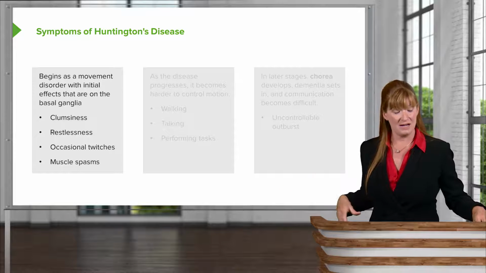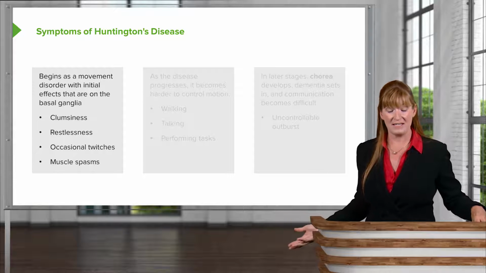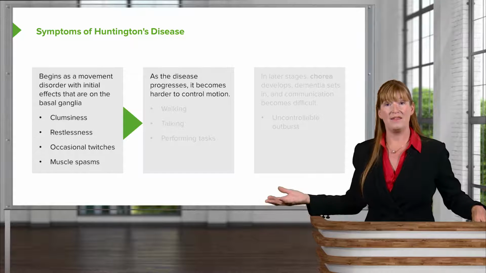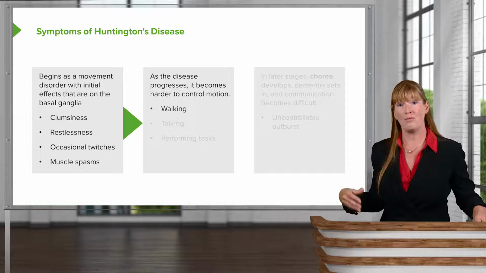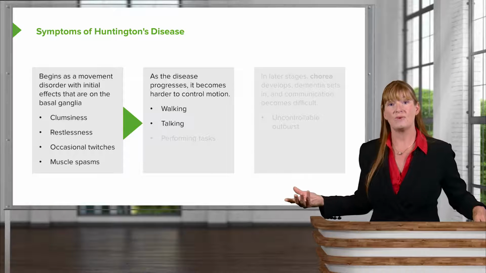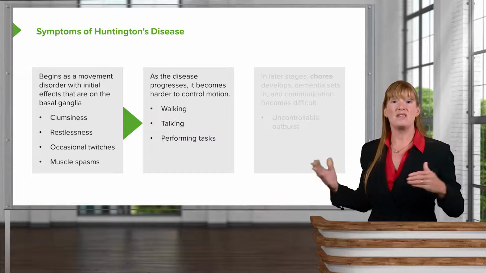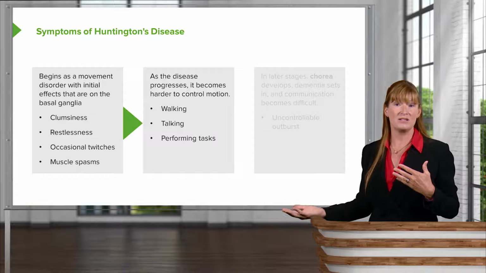So we'll see a progression of this to these spasms and muscle control issues actually affecting walking and talking, as well as performing tasks. Now, keep in mind here, this is a movement disorder.